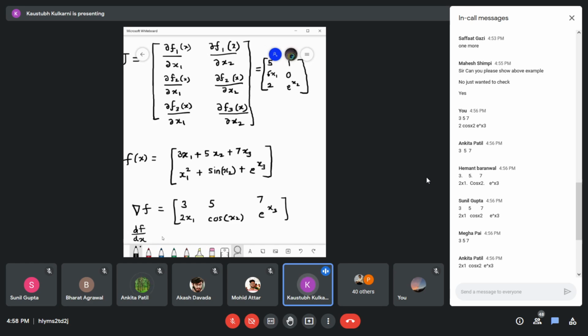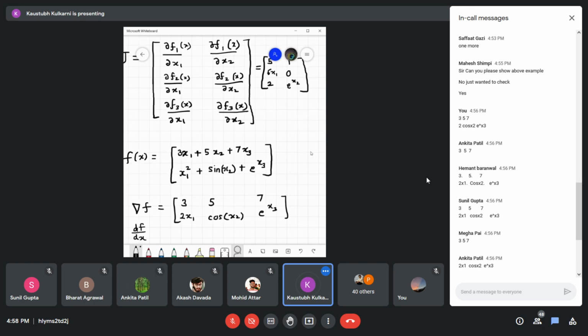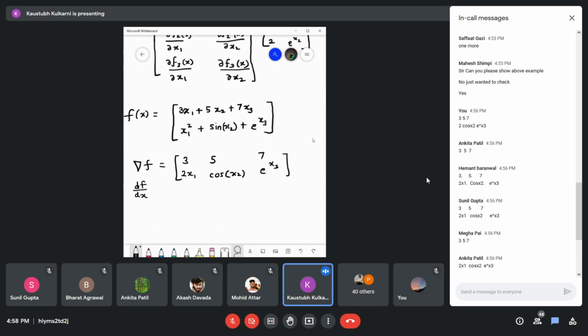Similarly, in case of a matrix, vector is also a form of a matrix. We can say it's a 1 cross n matrix if it is a row vector, or an n cross 1 matrix if it is a column vector. Let's first revise some properties of matrices, and we first start with differentiation of a matrix with respect to a vector. Basically, it is some combination of it.